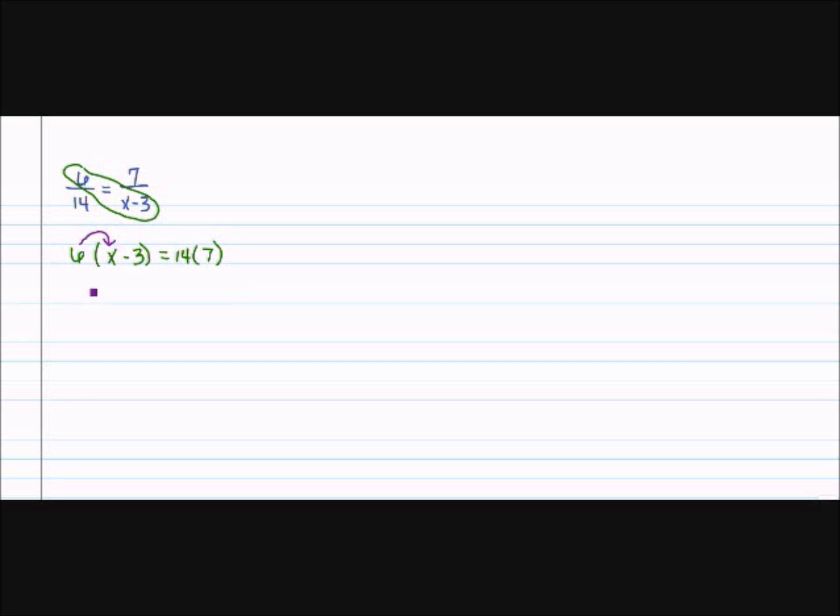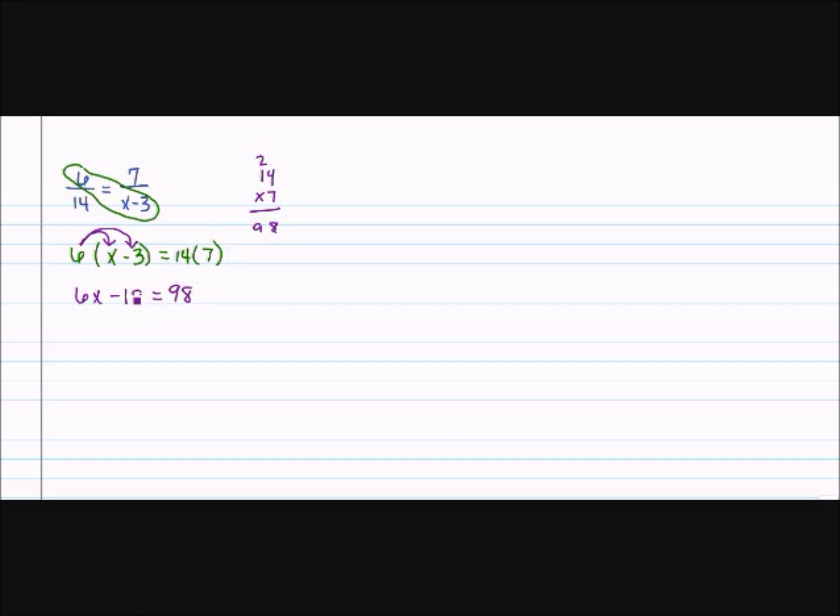We're going to say 6 times x is 6x, and 6 times negative 3 is negative 18, equals 14 times 7, which is 98.